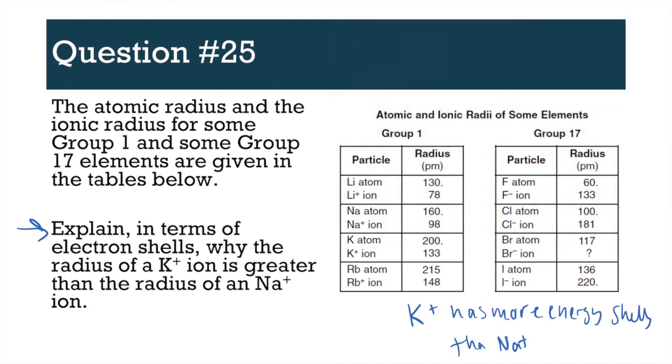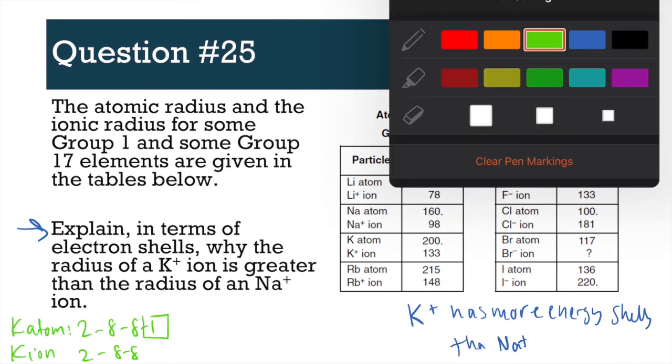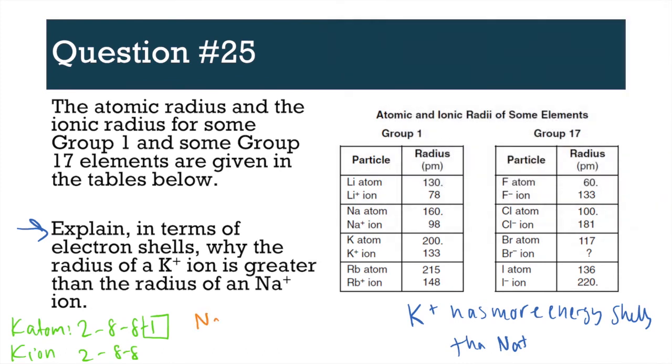But if you wanted to know why, here's our K atom. Our K atom has the electron configuration 2-8-8-1. Our K ion, remember, loses that electron, becomes 2-8-8. Now, for Na, the Na atom is 2-8-1.